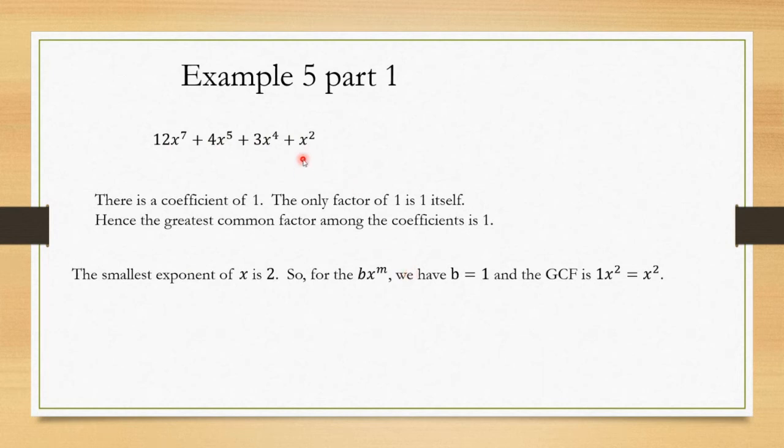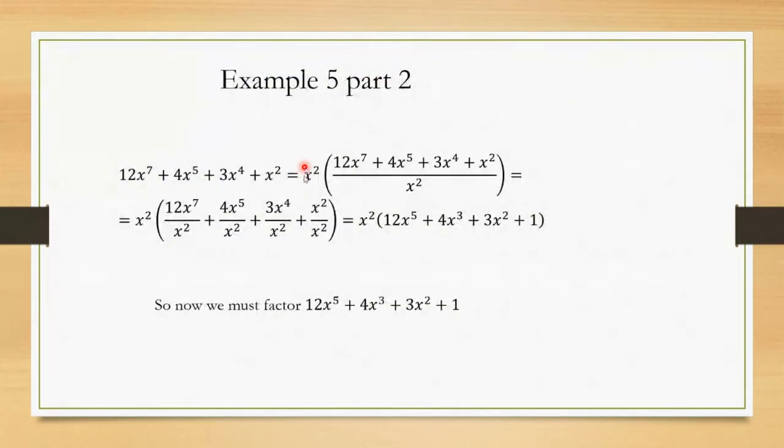So what we're going to do is factor it out. And how do you factor it out? You put it there in front, and then you have to divide to see what's left over. Okay, so let's do that. We have x squared in front, and we're dividing to see what's left over.